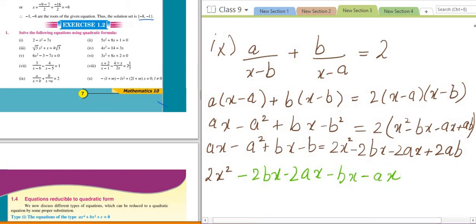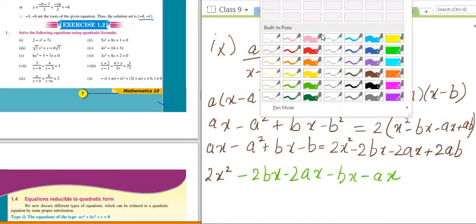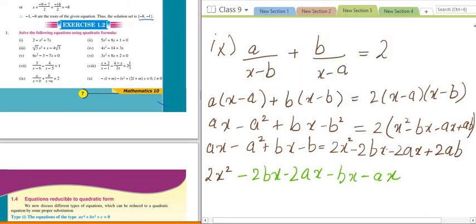Okay, now compare constant terms. Okay, now constant terms.